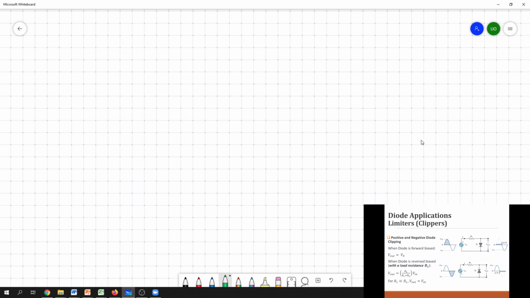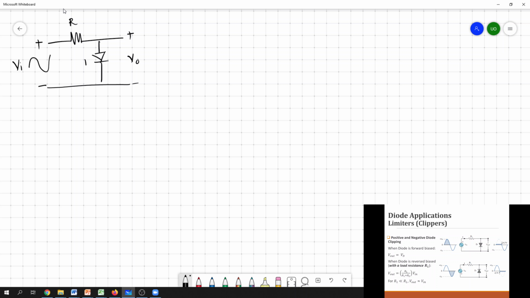So we'll see what happens if we stick into the simplified model. So we have a resistor here, a diode here, and this is your input Vi. So this is your output.